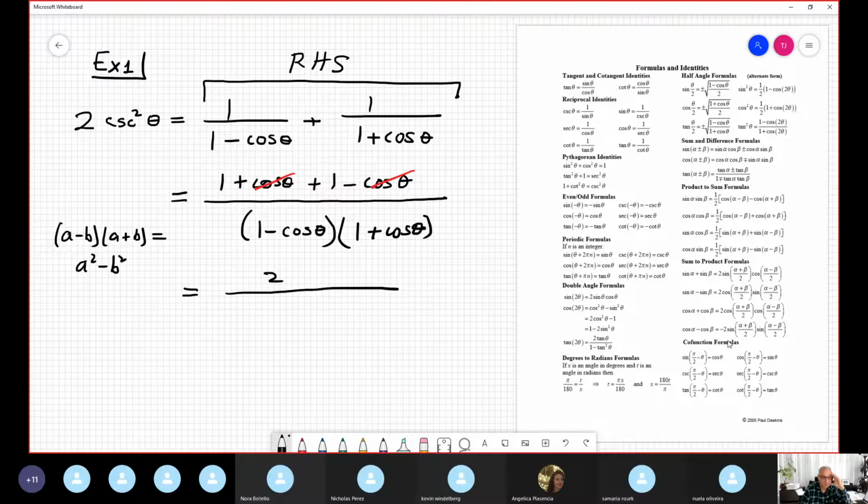Do you remember that, right? A is 1, and B is cosine. So if you FOIL, you get the same answer, no? You want, I do. But I know my memory to make it fast, which is 1 minus cosine squared theta. Do you follow me?